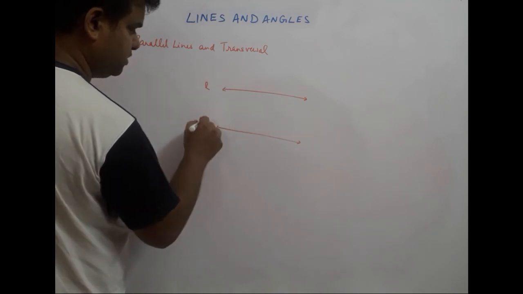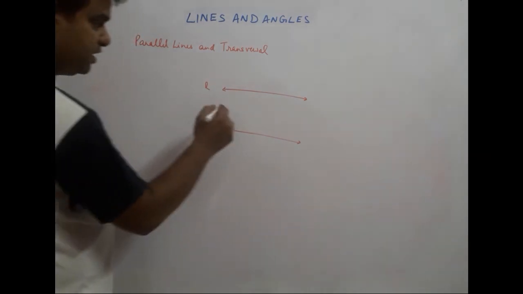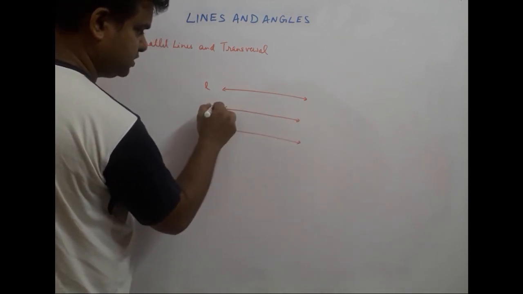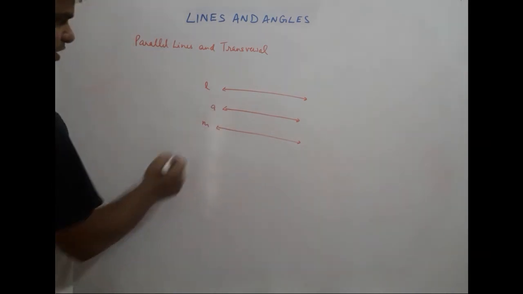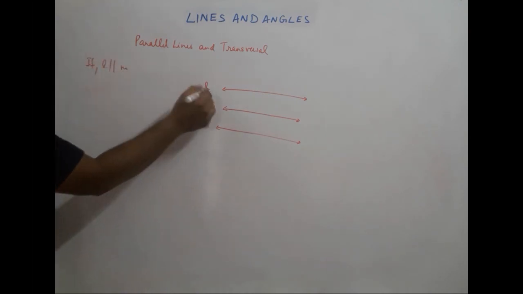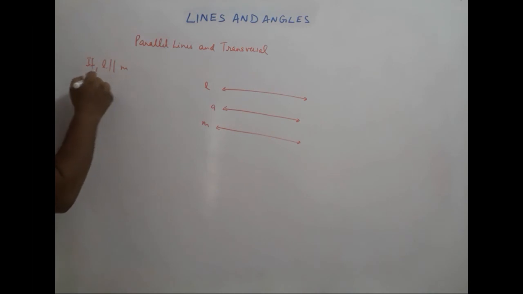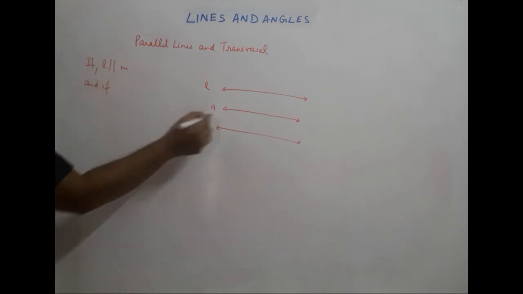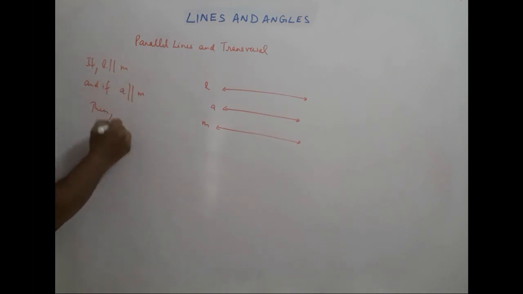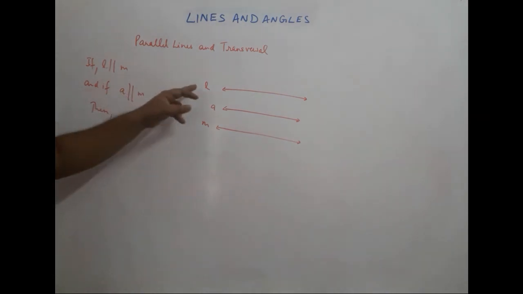You mark these as L and M, and we are given another line, say A, and say A is given parallel to M. So if L is parallel to M, these two are parallel to each other, and if A is parallel to M, then we can say that A is also parallel to L.